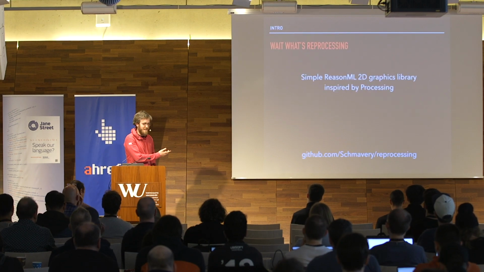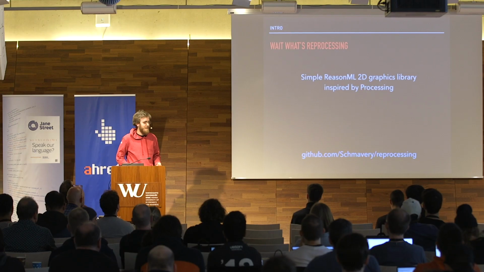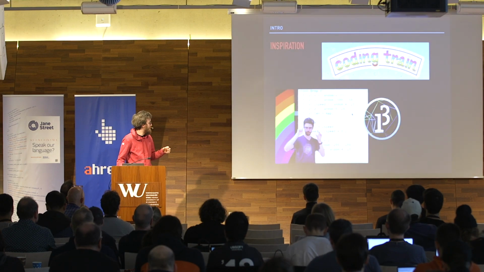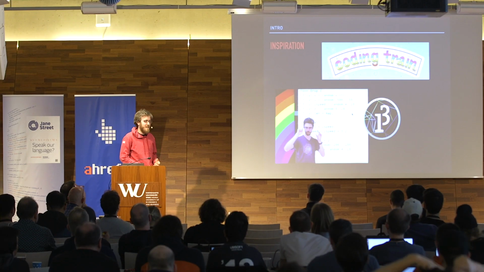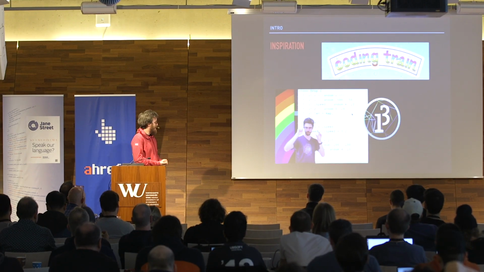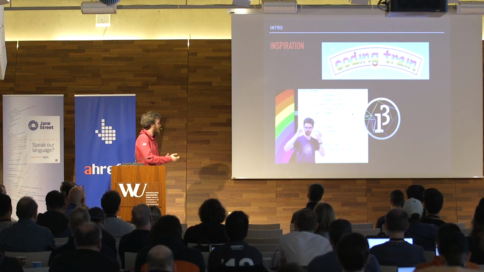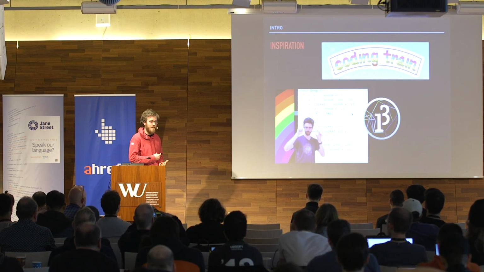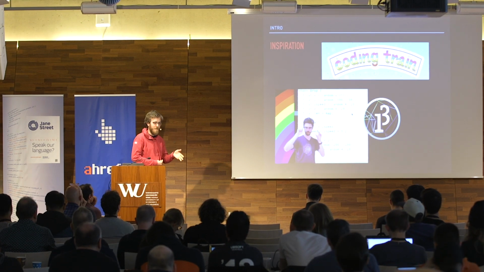Reprocessing is a 2D graphics library inspired by Processing, which I discovered mainly due to wasting time on YouTube and running into Daniel Shiffman's series, The Coding Train, where he has an extremely energetic presentation of Processing, the original graphics library in Java, and builds out these pretty simple projects, but totally aimed at beginners.